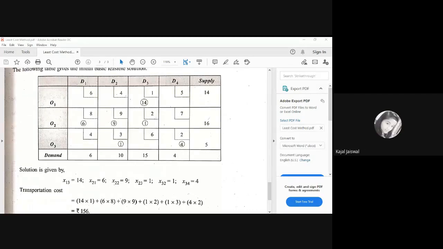Kajal, Present, ma'am. Kasak, Present, ma'am. Mahima, Present, ma'am. Mamta, Present, ma'am. Muskan Gupta, Yes, ma'am. Namrata, Yes, ma'am. Nidhi, Present, ma'am.